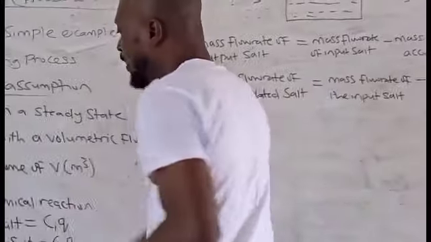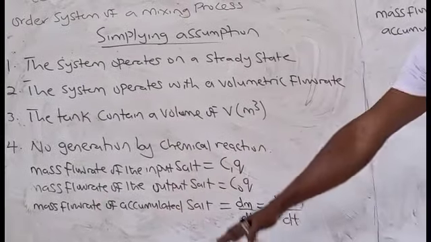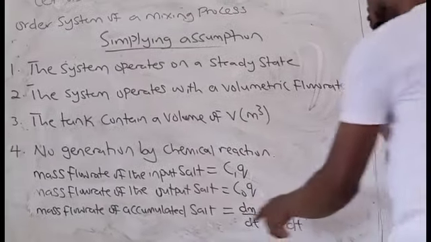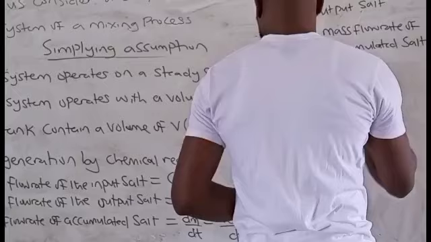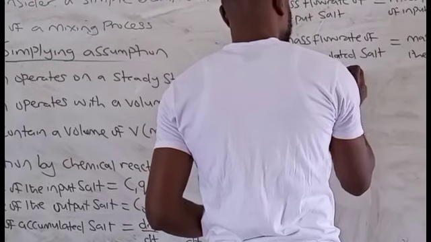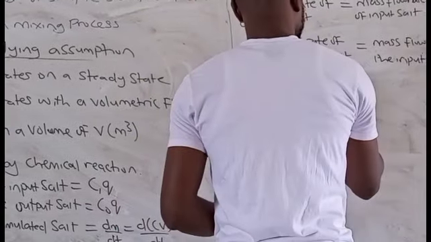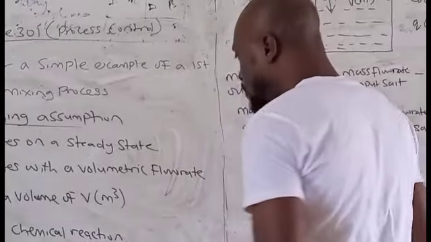So now we are going to look at the value for mass flow rate of accumulated salt. It gives you dCV over dt, equal to the mass flow rate of input salt.